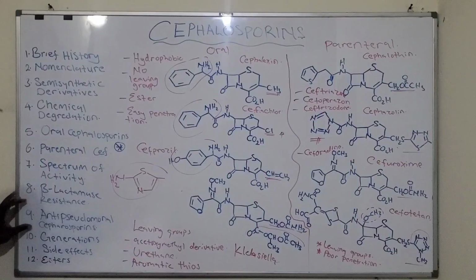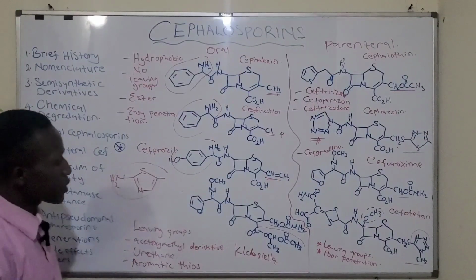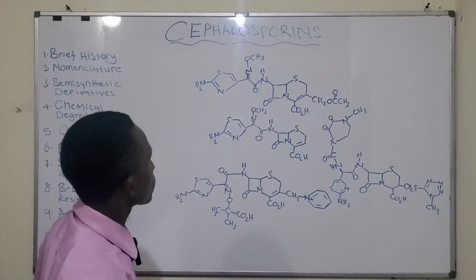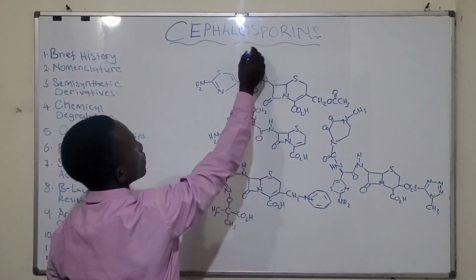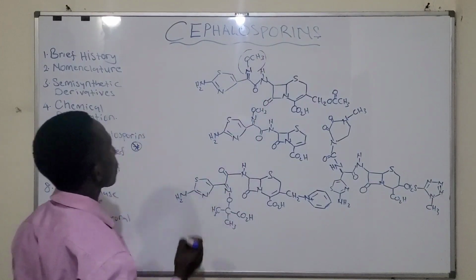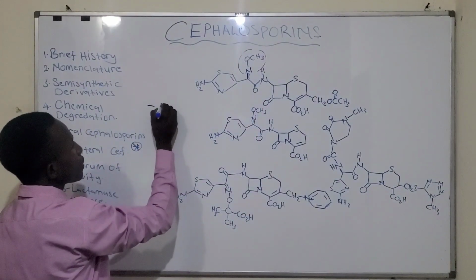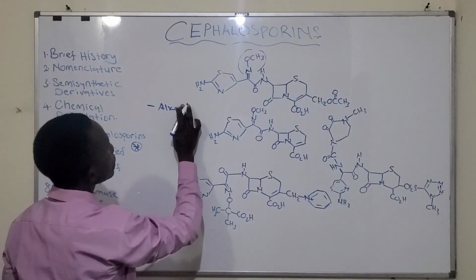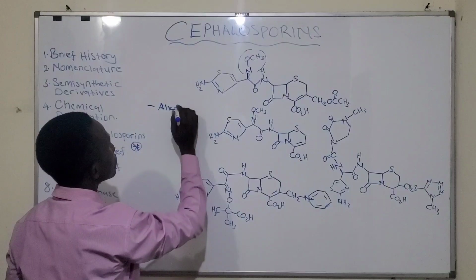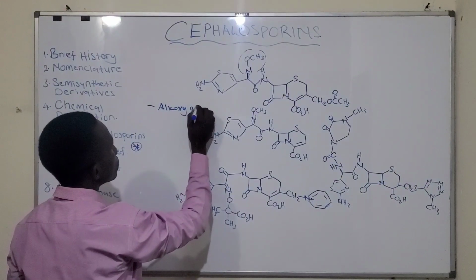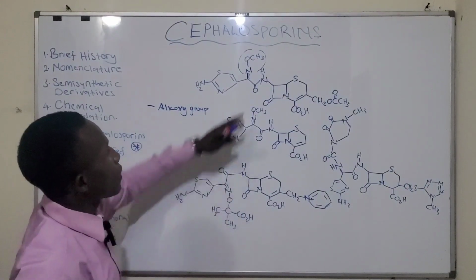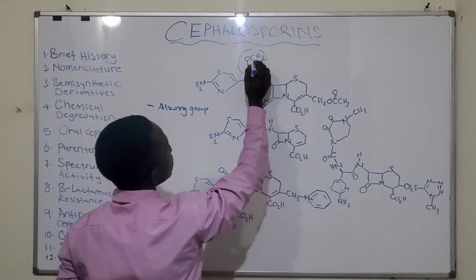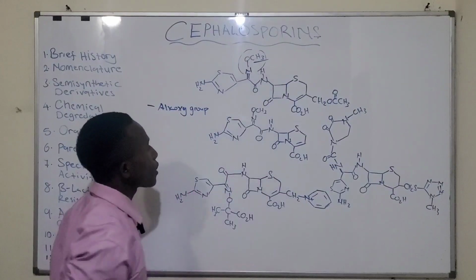Now let's go to Pseudomonas. How do you know that this one is Pseudomonas? This group, the alkoxide group, if you see a cephalosporin with the alkoxide group, you find the alkyl group, then you find the oxygen and the amine group.